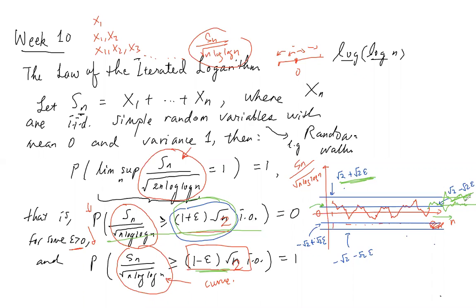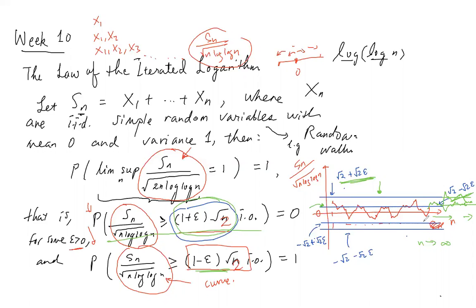So towards the end, as n tends to infinity, it will just stay below this bound. It could cross this bound, but only a finite number of times. After that, it just stays below it as n tends to infinity.